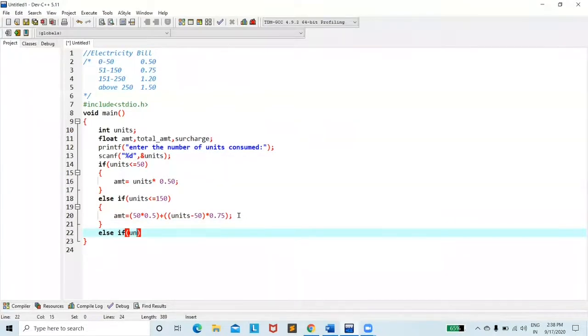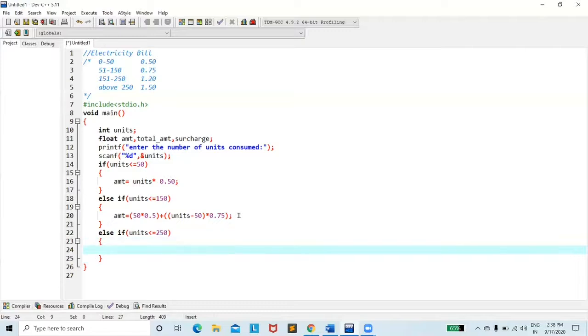Else if units less than or equal to 250, what will it be? Amount equal to, again for the first 50 units, 0.5, plus the next 100 units, 0.75, plus the remaining units.